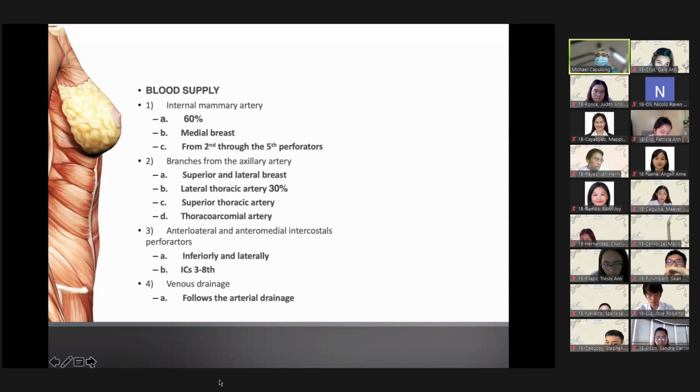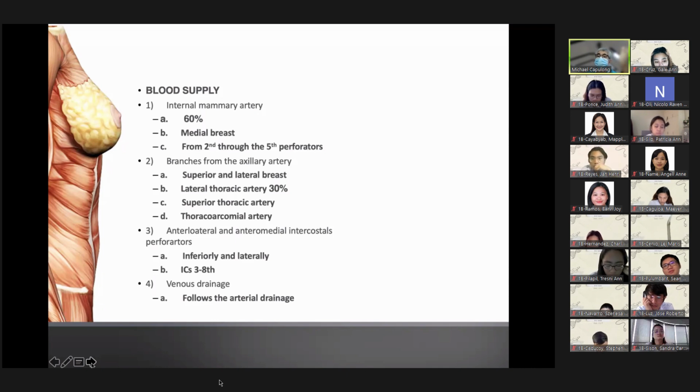Well, branches of your internal mammary artery traverse your intercostal muscles to supply the breast. And this is what we call perforators. In its name, perforators, these are arteries that perforate your intercostal muscles to supply structures in the anterior thoracic wall. And specifically will supply the medial aspect of the breast.